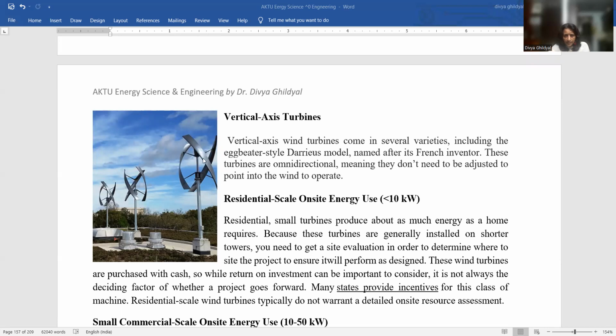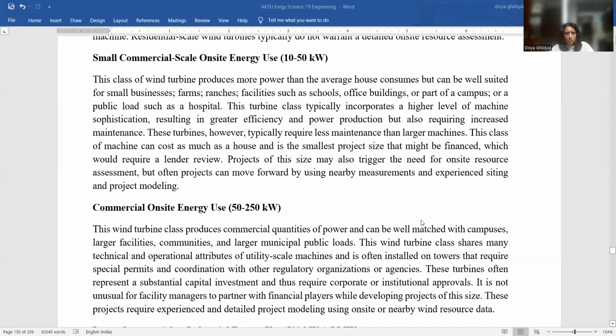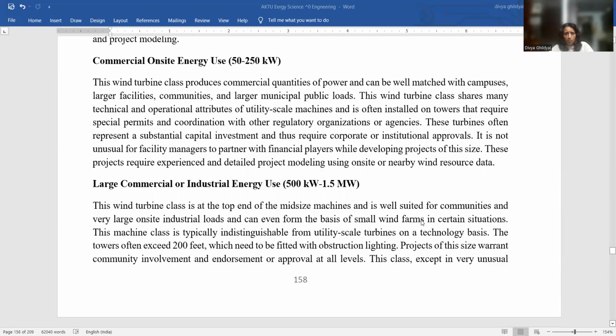The diagram shows the positioning of the vertical axis wind turbines. The setup is a bit different from the traditional ones, and the residential scale on-site energy use is less than 10 kilowatt. Small commercial scales go for 10 to 50 kilowatt.